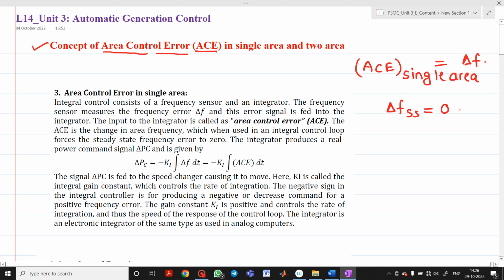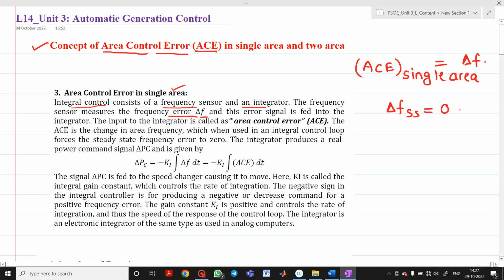So let's see again the area control error in the single area. We know that when we talk about the integral control, it consists of a frequency sensor and the integrator. What is the use of this frequency sensor? It is used to measure the error in the frequency, which is denoted by delta F, and this error signal is fed into the integrator.